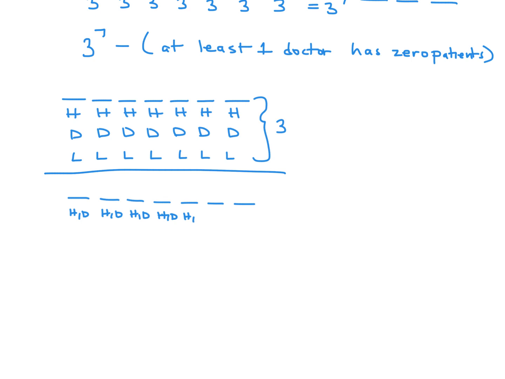So Louie has been left out, so he has 0 patients. So this is 2 doctors, 2, 2, 2, 2, 2, so this is 2 to the power of 7. And similarly, you could do that with H and L, where you leave out Dewey, and you can leave out Huey and just have Dewey and Louie. That would be 2 to the power of 7 also. But the problem with this is that we've overcounted.